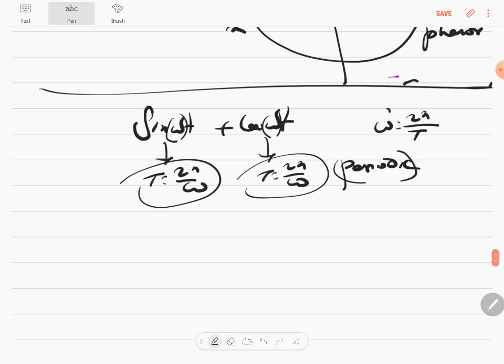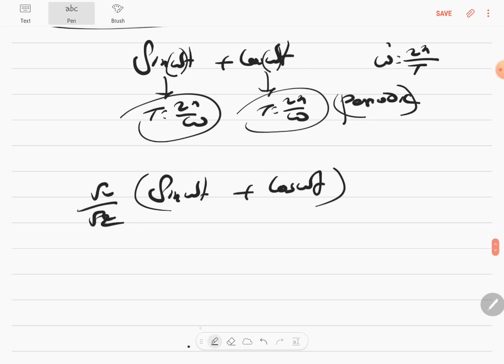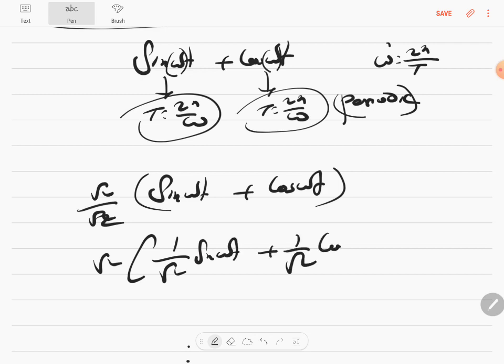But they'll ask you to find whether it is simple harmonic. How do you do that? You have to represent it as one single function. Let's take sin omega t plus cos omega t. In this case, multiply and divide by root 2. Take the root 2 in the denominator alone inside. So you will get 1 by root 2 sin omega t plus 1 by root 2 cos omega t.